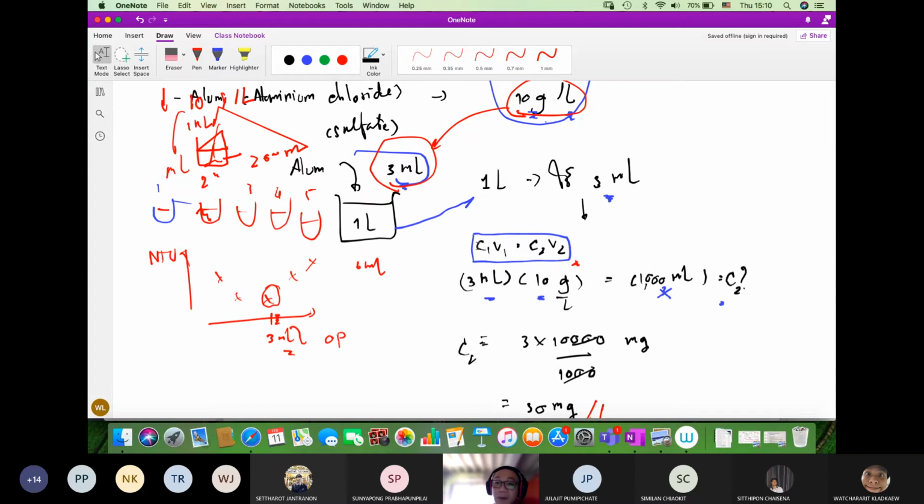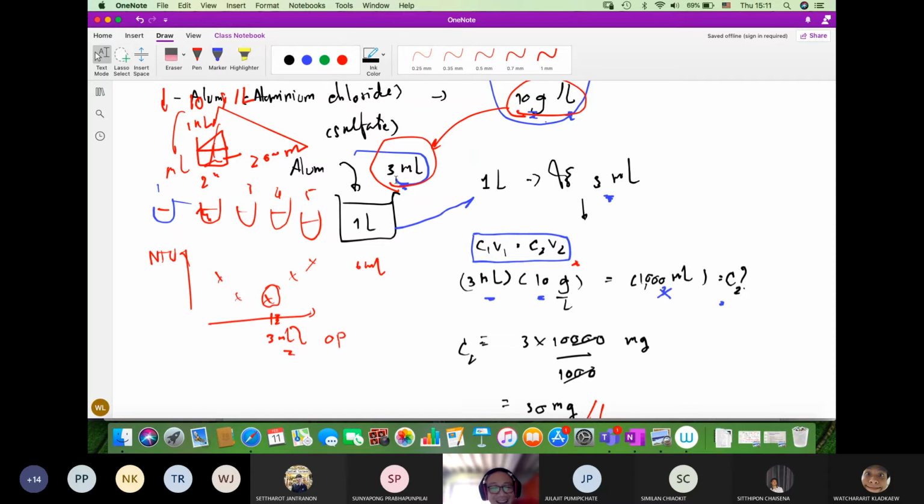Because we want to know the amount of alum used in the entire plant in 1 day. For 1 liter, we need 3 ml of alum. The 3 ml we obtain from the stock solution of 10 grams per liter. So if we add these 3 ml into 1 liter, 1 liter is 1,000 ml.